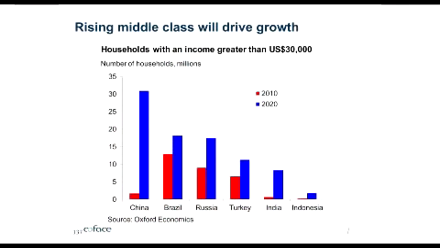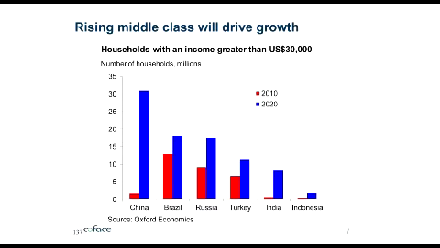This shows our projections for households with an income greater than $30,000 US. Particularly in these countries, that's when you would start to have a significant amount of disposable income. And obviously it provides good opportunities for businesses, particularly in terms of consumer products.